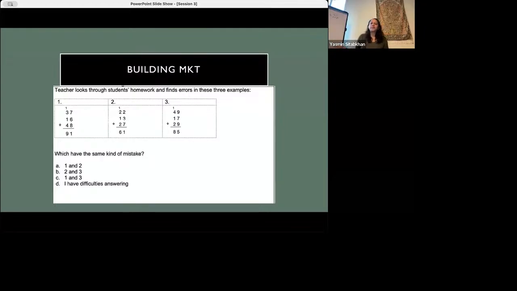You would have to do some additional checking to see, here's problem number 3. Do they also carry a 1 or do they get it correct? So it's a very small nuance. It's a very small difference, but there is something a little bit different in the types of errors that these students are making, right?